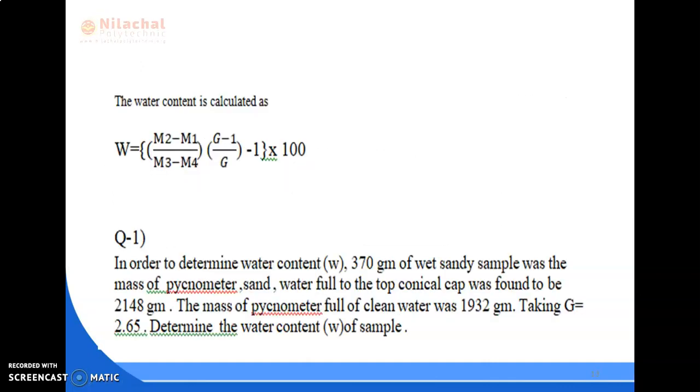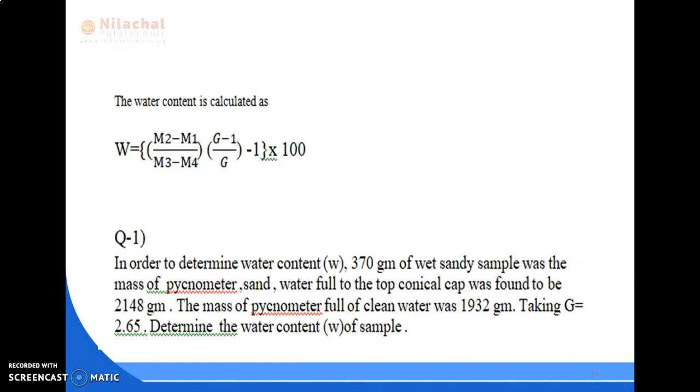So, finally, we can find out the water content by this formula. Water content equals (M2 minus M1) by (M3 minus M4), and G is known to us here in this process, so ((G minus 1) by G) minus 1, into 100. This is the formula to find the water content in the pycnometer method.